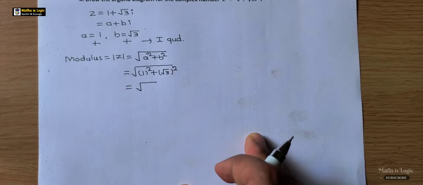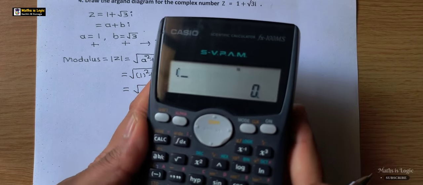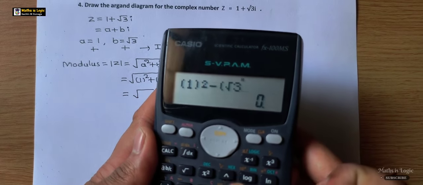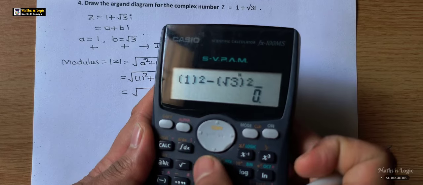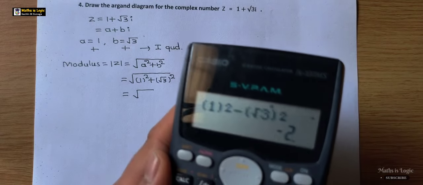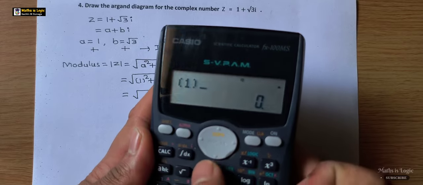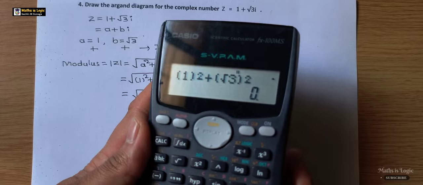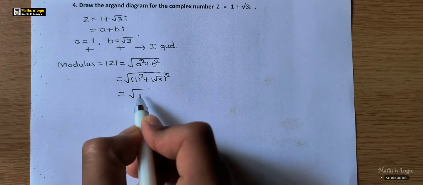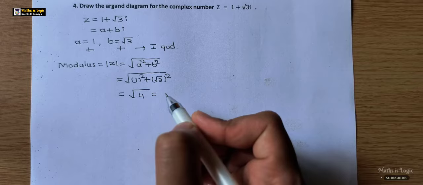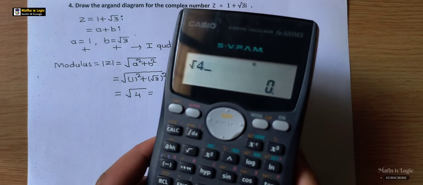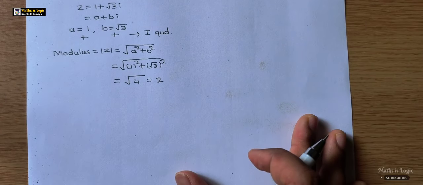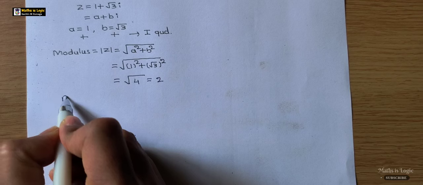Next, use the calculator. 1 square plus root 3 square. So 4. So write 4, which is equal to square root of 4. Square root of 4 is nothing but 2. So write 2. So this is the value of the modulus. Next, after that, find out the amplitude.